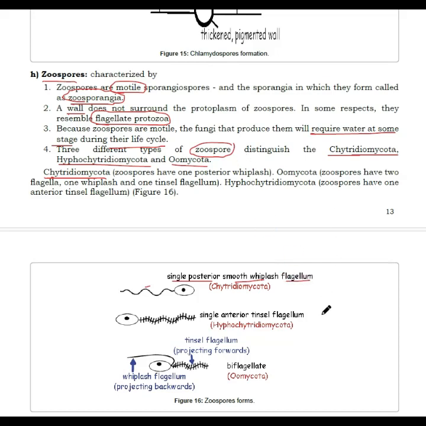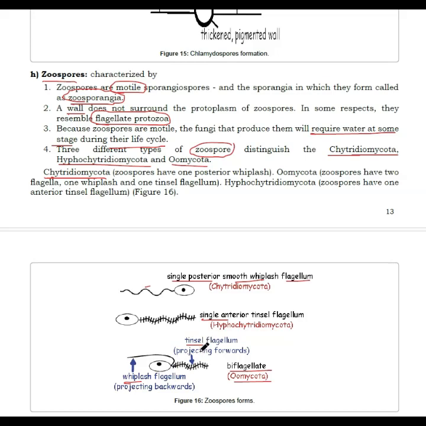In Hypochytridiomycota, they have a single anterior tinsel flagellum, and in the third case, Oomycota, they are biflagellate, where one is whiplash and one is tinsel.